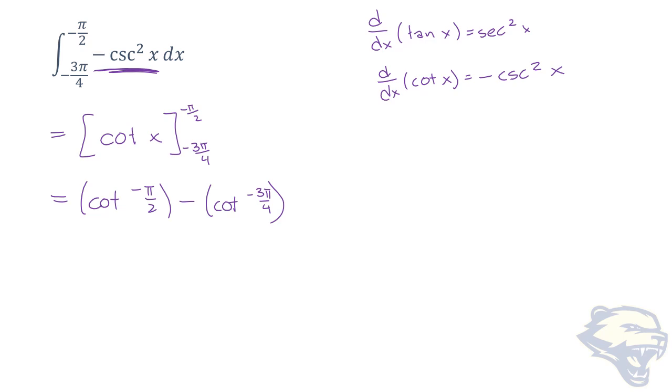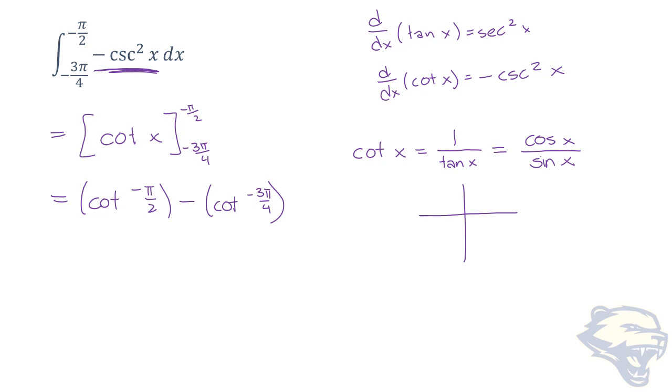So first of all, keep in mind the reciprocal identity that cotangent is the reciprocal of tangent x. Okay, so if we're trying to figure out the cotangent of negative pi over 2, right? And cotangent is also, since it's the reciprocal of tangent, cosine over sine. Okay, so we're thinking in terms of the unit circle for negative pi over 2.